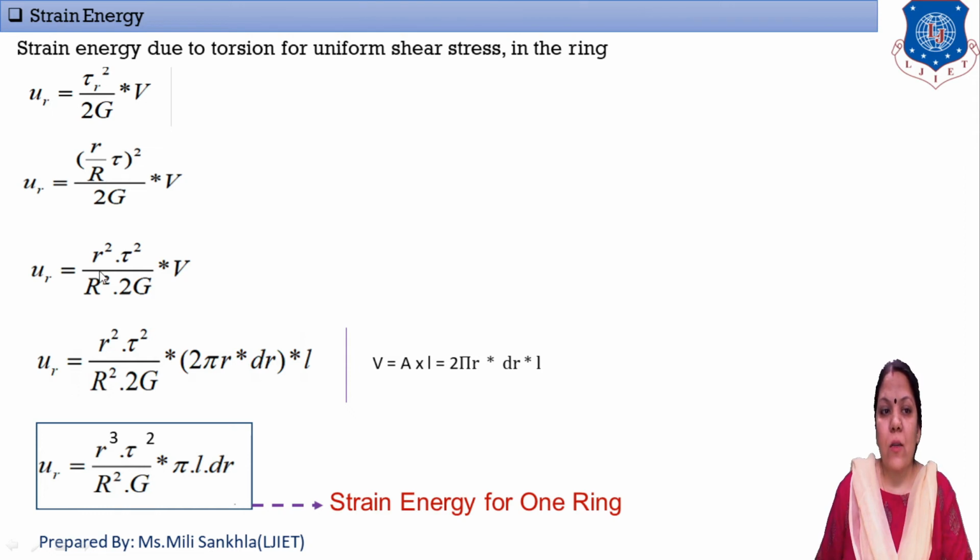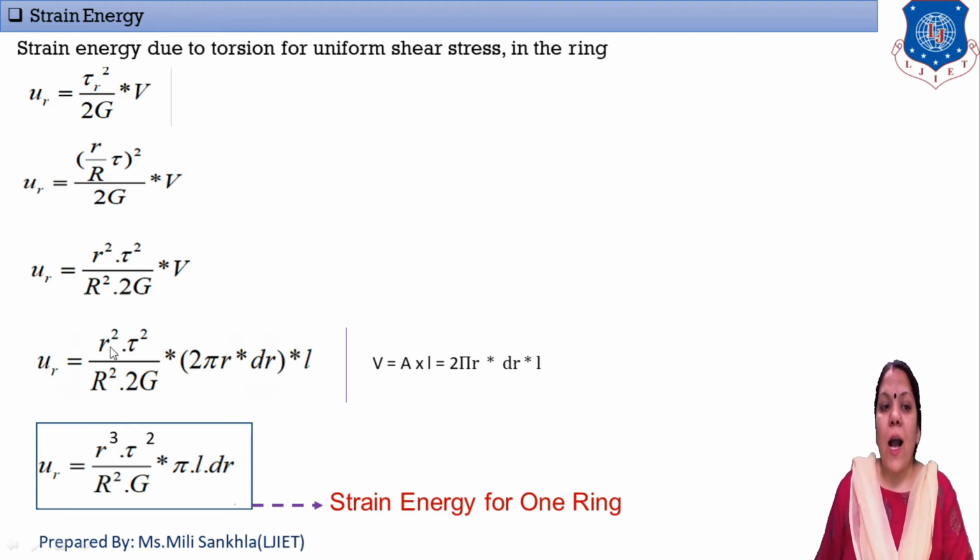Now U_R is equal to r square, then tau square, and this R square in the denominator, by 2G into volume. Volume, that means our area into length, and the area of this elementary ring is equal to 2 pi r into dr, and length L. Okay, put this value here.